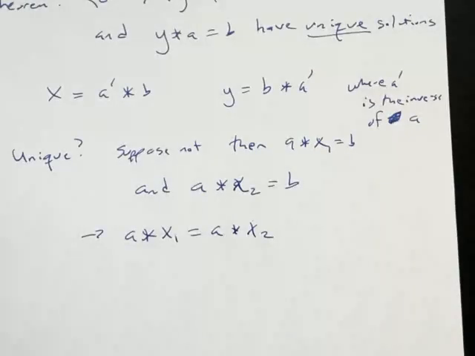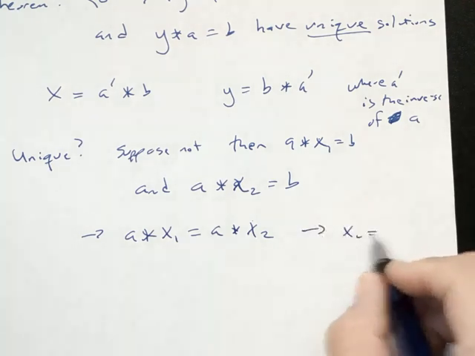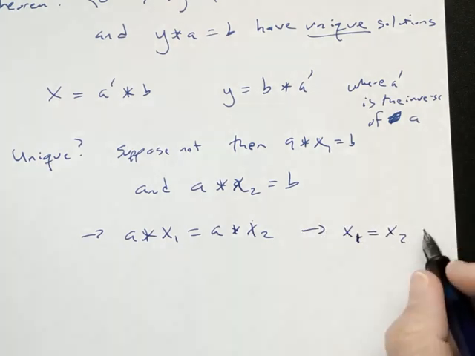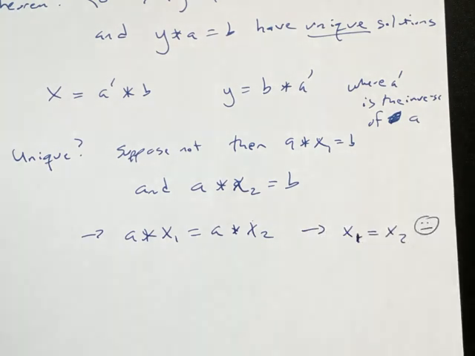Hey, wait a second. What did the theorem before this say? So they're not different, they're really the same, and that means the solution is unique. And if I can do it for x, I can do it for y exactly the same way.